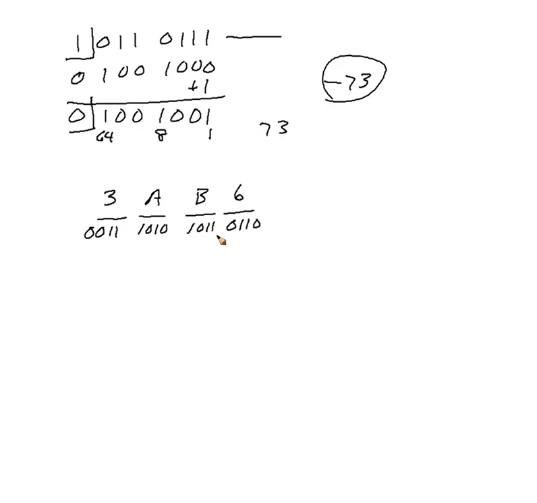So where's the sign bit? Well, it's right here. That's a 0, so I can just convert this to decimal just like I would at any other time. How big does this last digit have to be for this to be a 1? And the answer is it's got to be at least 8.